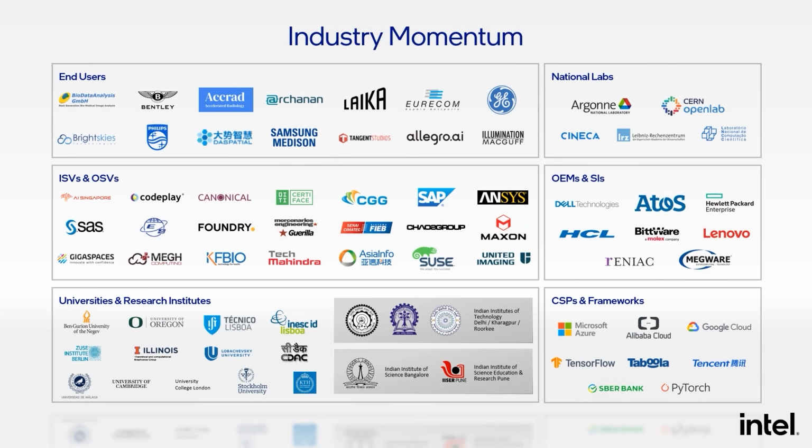Here is a sampling of key ecosystem players who support and are actively engaged in oneAPI. oneAPI has developed broad momentum across the industry. For example, US national labs that are developing exascale computers have adopted oneAPI components. This will allow them to use CPU and GPU architectures from different vendors.